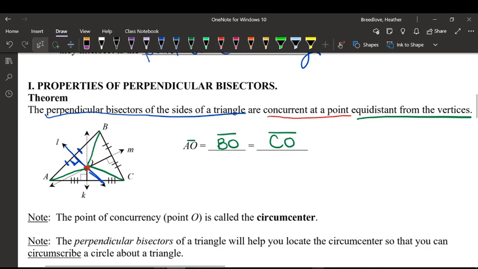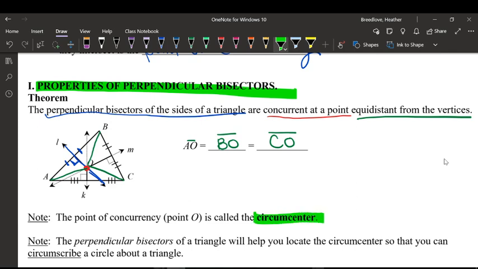So this is properties of perpendicular bisectors. And that point of concurrency of the perpendicular bisectors is called the circumcenter.